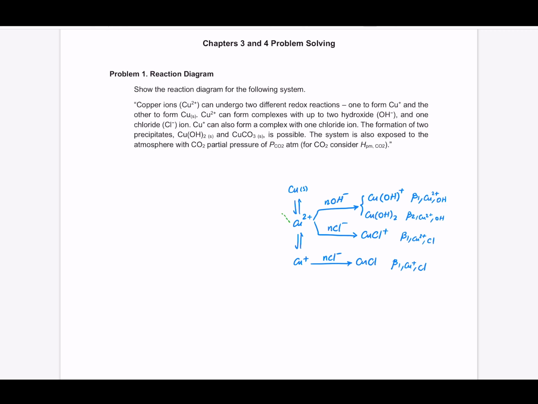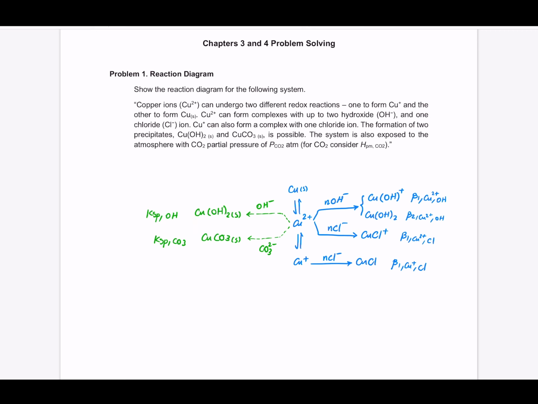So basically this would have hydroxide precipitate. So this would be Cu(OH)2 solid with Ksp of hydroxide, and also with CO3 2-, which would form CuCO3 solid, and then this would be Ksp of CO3. So we decoded also the precipitation.